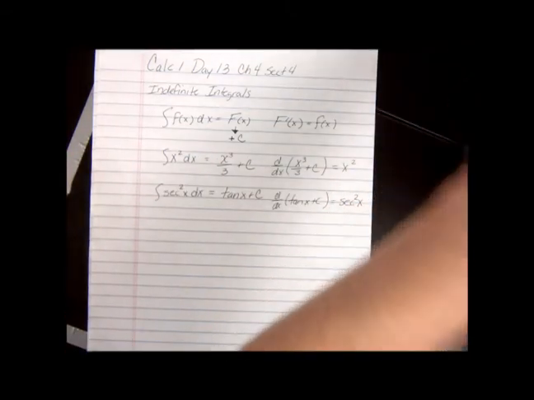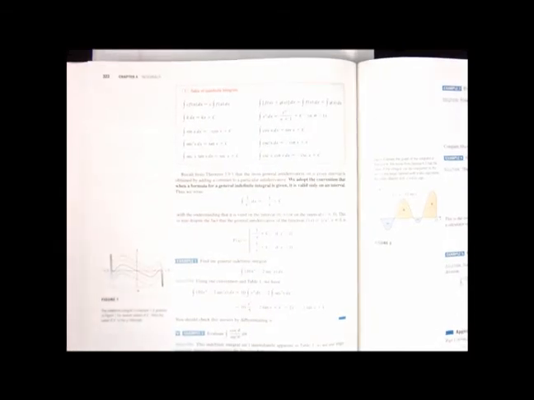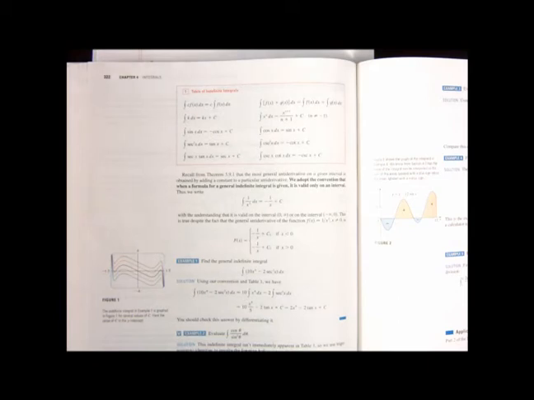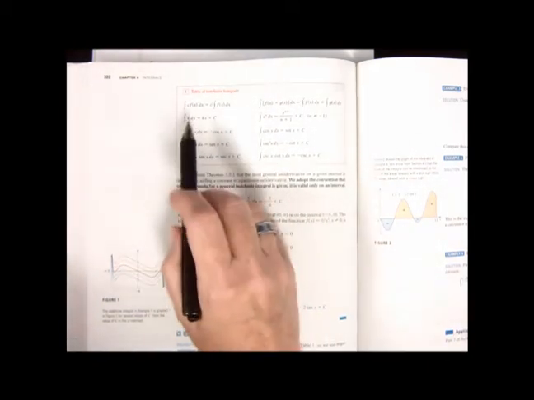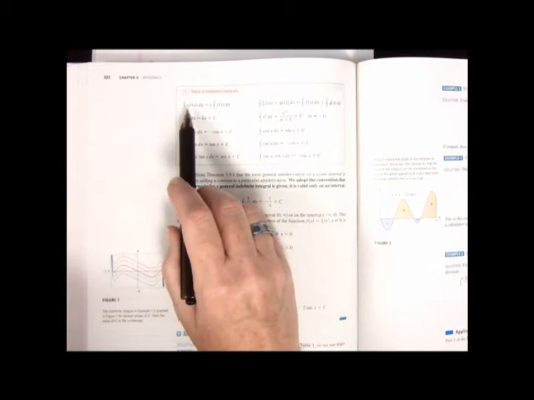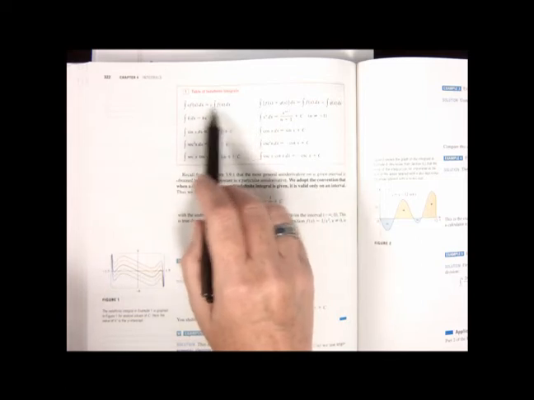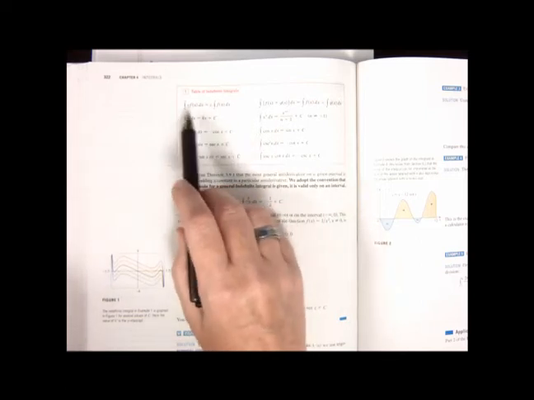Now, there's a table on page 322. Just like we had when we did our derivatives, we now have a table of indefinite integrals. The first one says that if I have a constant times my function, I can integrate and then multiply by the constant. Maybe this is 1 million or 100.